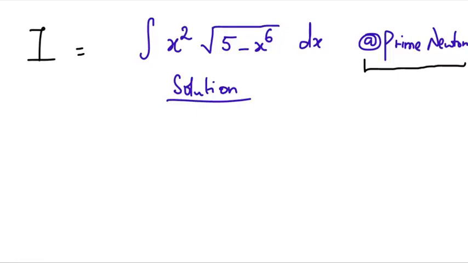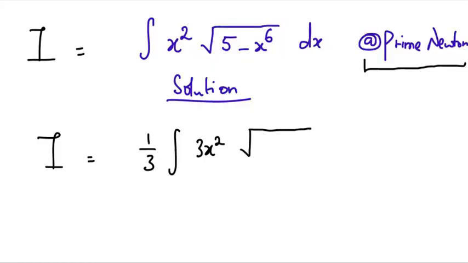So here we're going to write this integral as 1 by 3 multiplied by the integral of 3x squared, then multiplied by the square root of 5 minus x raised to the power of 6, and then dx.